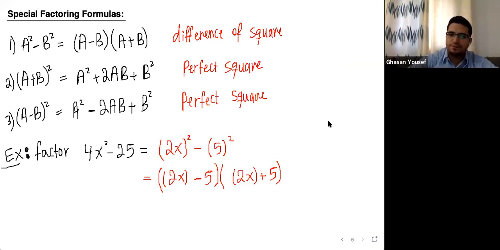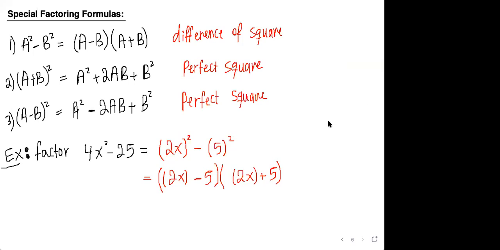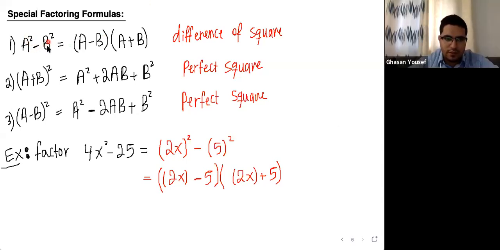Is it clear? So applying the first formula, a squared minus b squared, I can change this one to 2x everything squared minus the second term squared, 5 squared. Why is this equal? Because 2x everything squared gives me 4x squared: 2 raised to the power 2 gives me 4, and x raised to the power 2 gives me x squared.